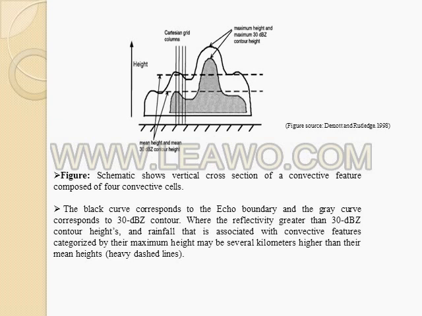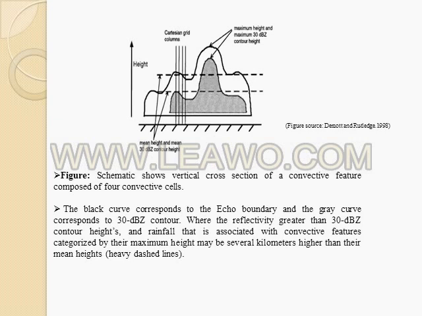And again we have the vertical cross section of a convective feature composed of 4 convective cells. In the vertical it shows height. The outer line is the maximum height, and the inner gray side is the maximum 30 dBz contour height.